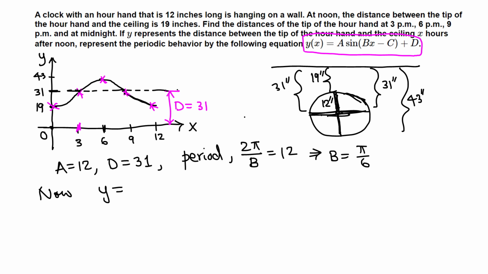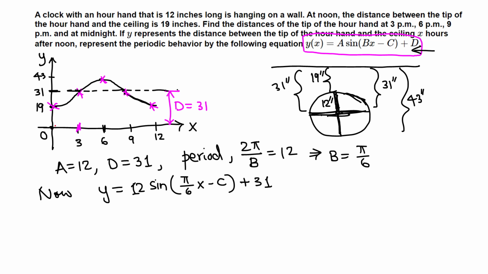So y equals A sine, so 12 sine of B, where B is pi over 6, x minus C, plus D, where D is 31. C is missing, and that's what we find last. To determine the value of C, we can use any point from here, maybe 0, 19, or 3, 31, or 6, 43.